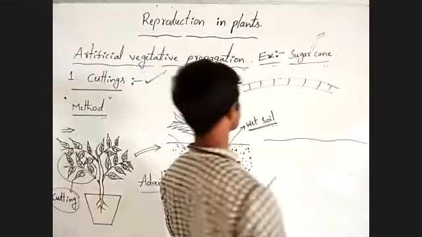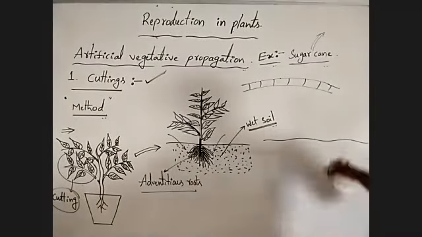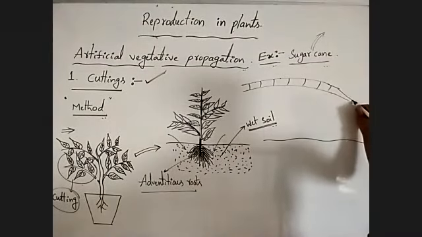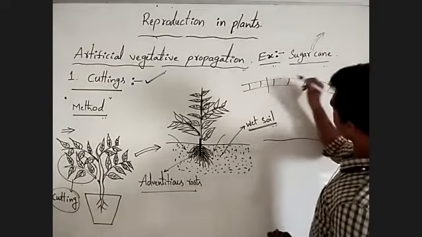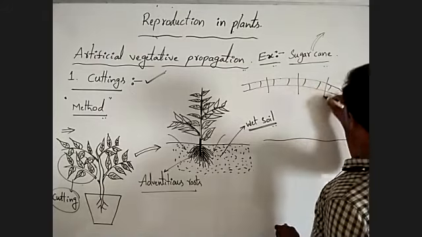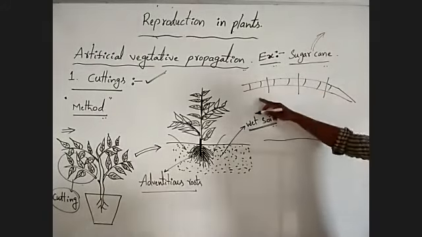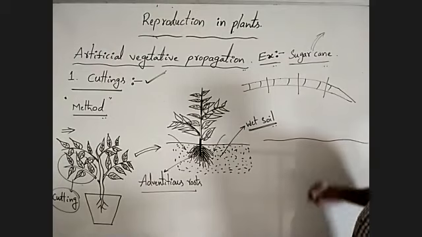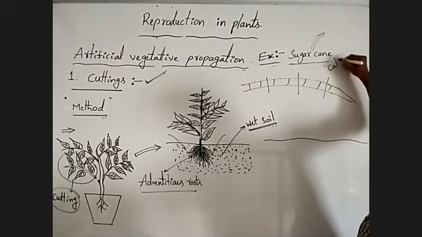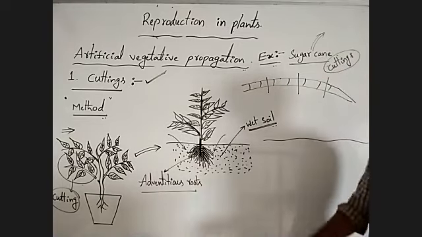The stem of the sugarcane is cut into small pieces. These are usually called cuttings.